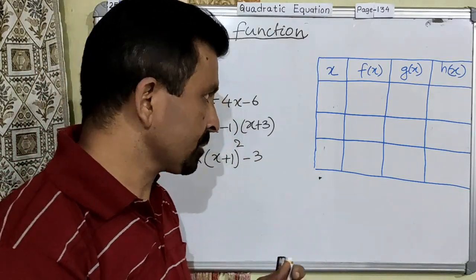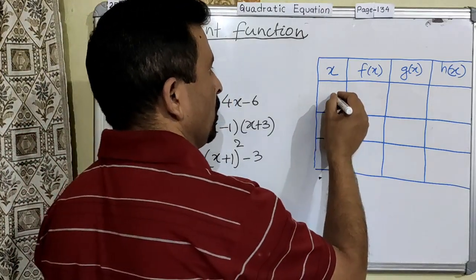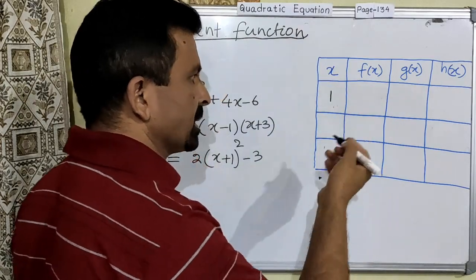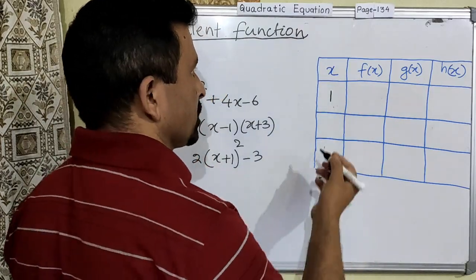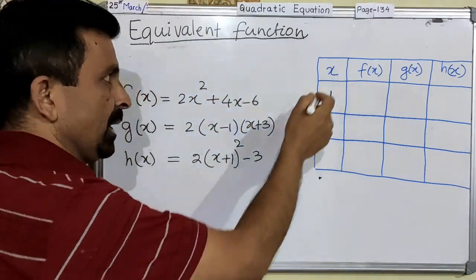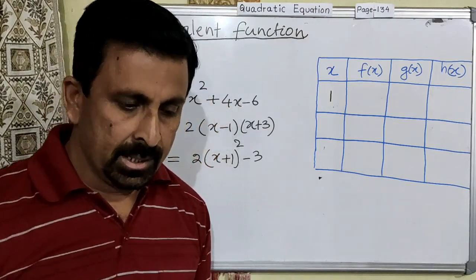I repeat, you take a value of x, any value, say 1. The value of x we can take any, maybe positive, maybe negative, or maybe 0 also we can take, right? So I will take one value of x as equal to 1. This value of x will be said to be the input.